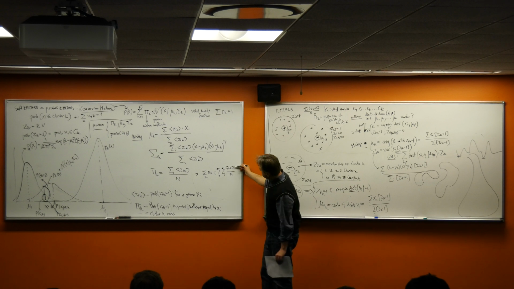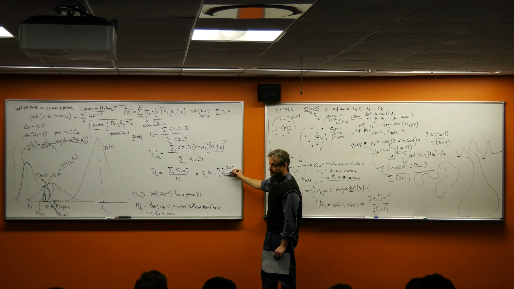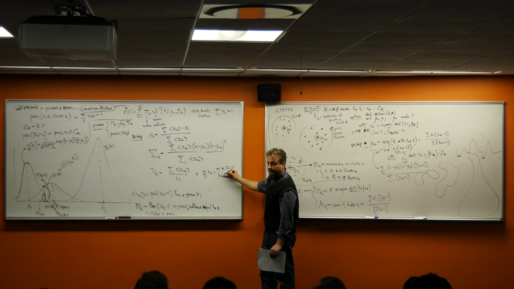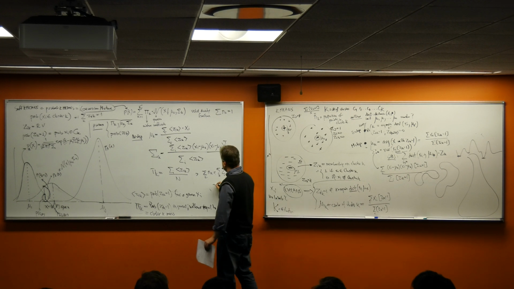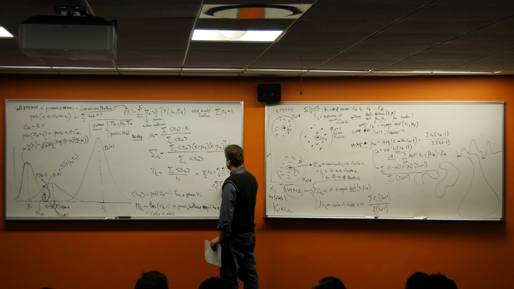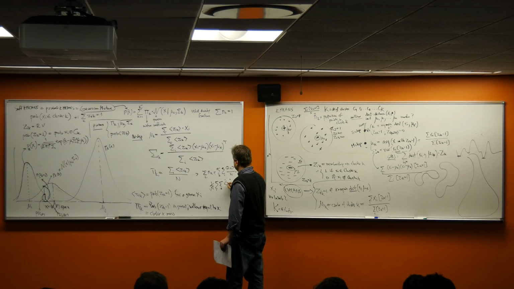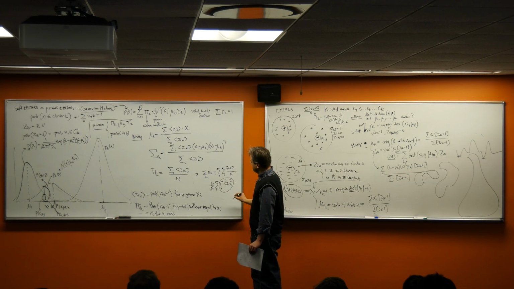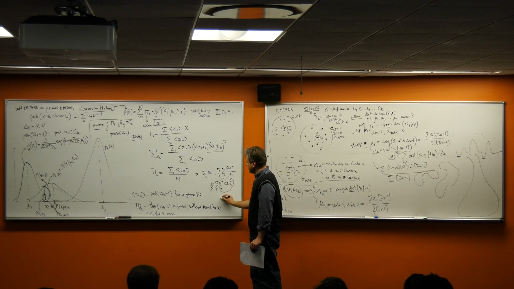So if you sum up all the zik's for one data point, you get a 1. And then you have to reverse the sum here. Sum over i of sum over k of zik, with 1 over n in front of it. So now this last sum is 1, right? Because the sum of probabilities over the clusters for one data point is 1. Therefore, now this is n over n.